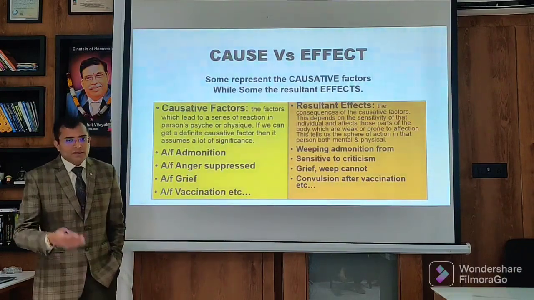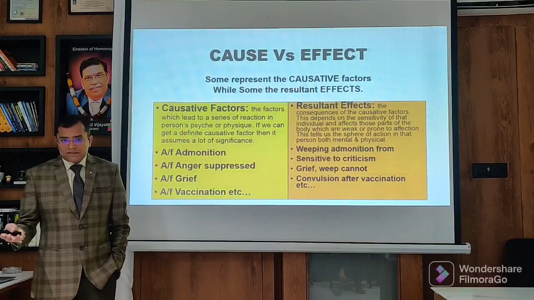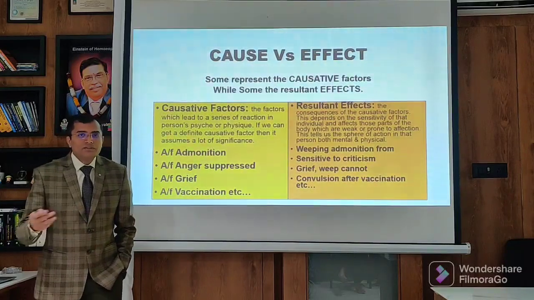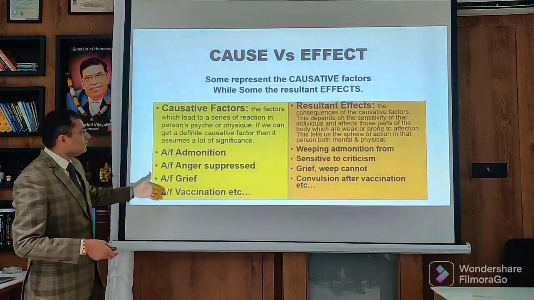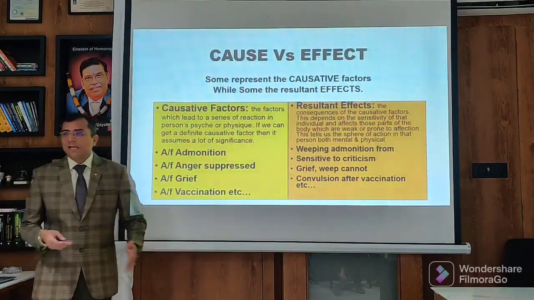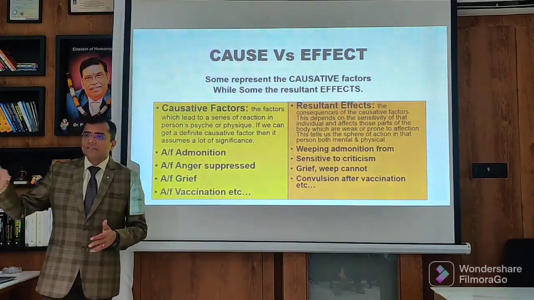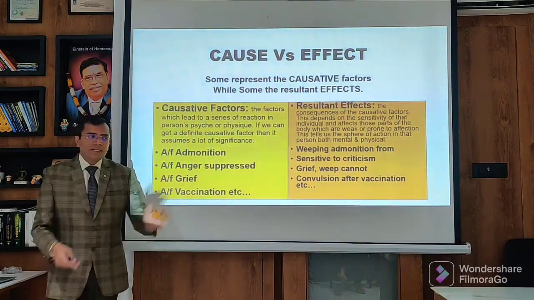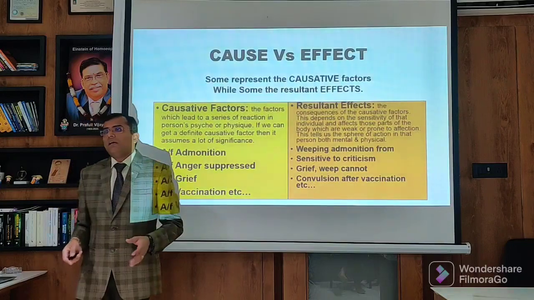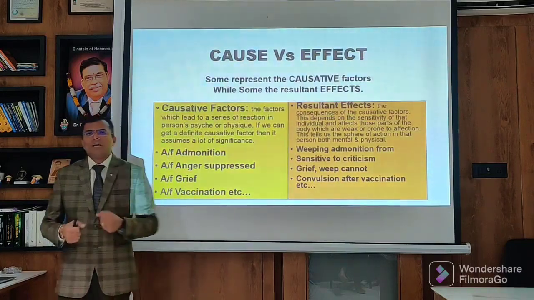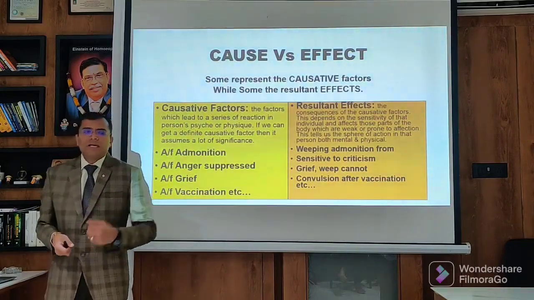In a spheric state, ailments from anger suppressed, ailments from grief, or in the physical form, ailments from vaccination. So these are very causative in nature, and after that a lot of reactions happen. Recently a boy came to me with fever, body ache and malaise. So I asked what happened.